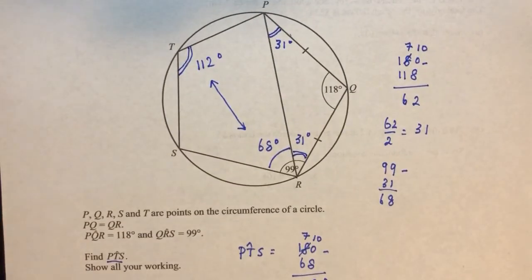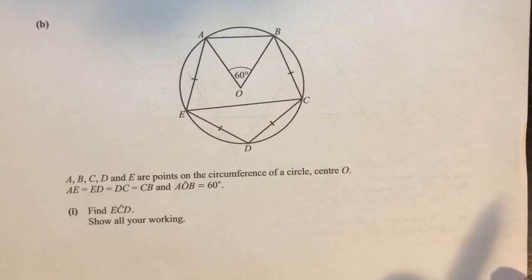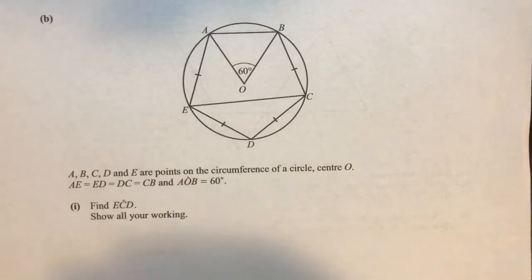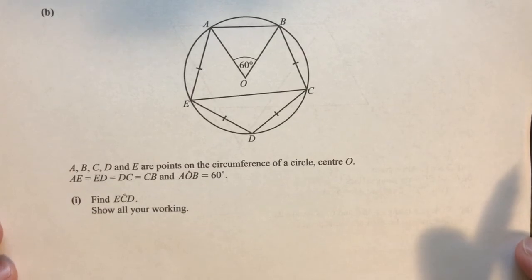So now we have to move on to part B. So part B, it's an interesting question where you have to use your instruments to find out the sides and the angles.